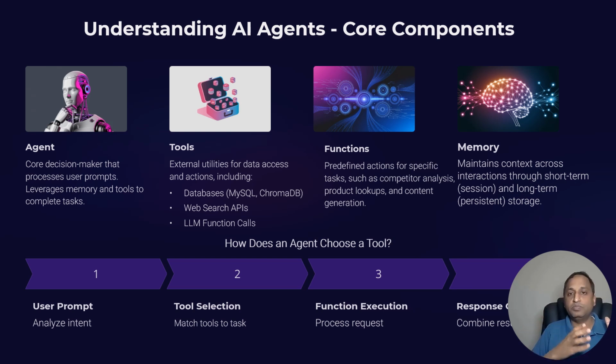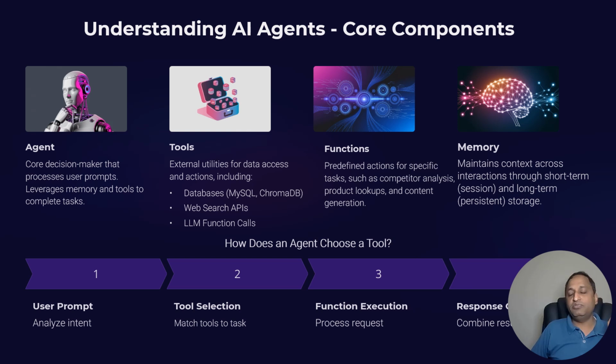It takes a user prompt, analyzes the intent, and decides how to respond. Unlike traditional software that follows predefined rules, like if you write an API: if this condition is satisfied, take this action; if that condition is satisfied, take that action. Agents don't work in that fashion. They decide what action, what path to take, based on the user input.